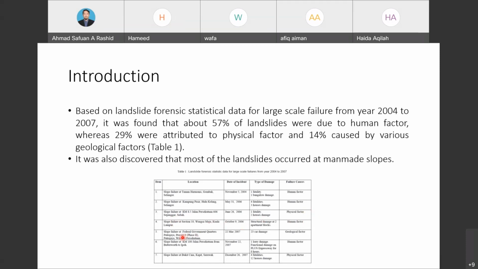And this one is located at federal government quarters, due to geological factor, most probably the weathering process. And then we have another one at the Federal Road, located at Butterworth to Ipoh. So human factor, functional damage on Plus Expressway. Only 7 have been listed, because they relate to very large scale failure.